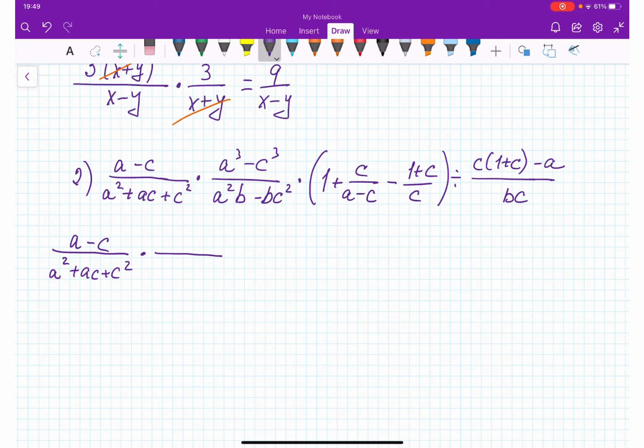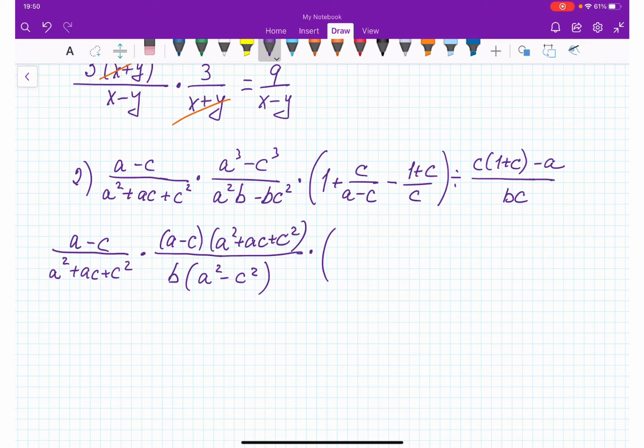Multiply by a³ − c³. Remember the formula? (a − c)(a² + ac + c²), which I can successfully cancel with this denominator here. And a²b − bc². Here I can take b out, right? And I will have a² − c². Okay, times, what can I do here?